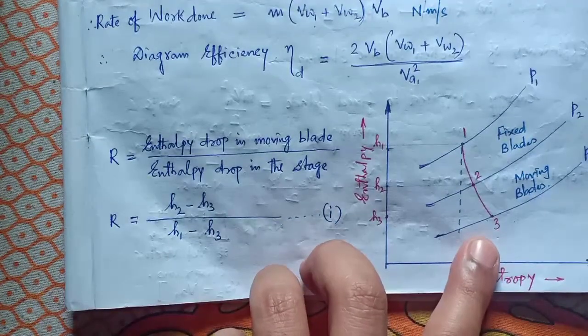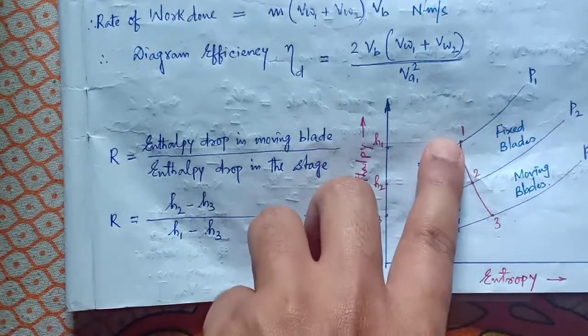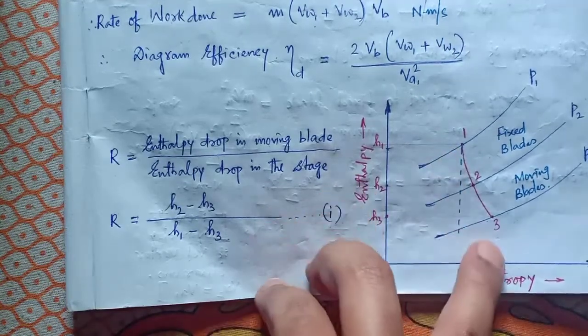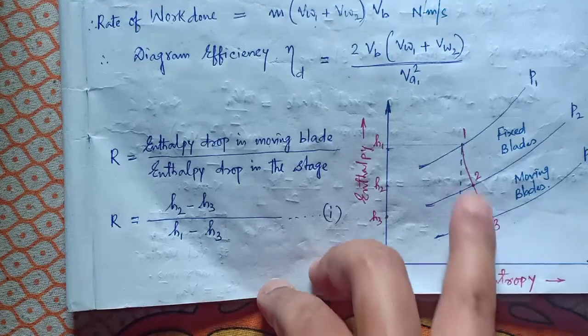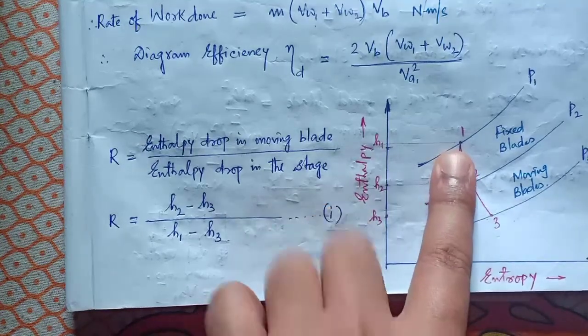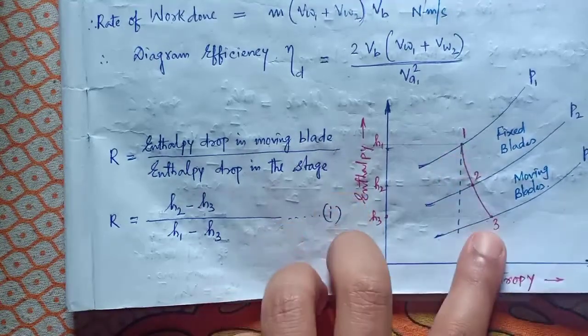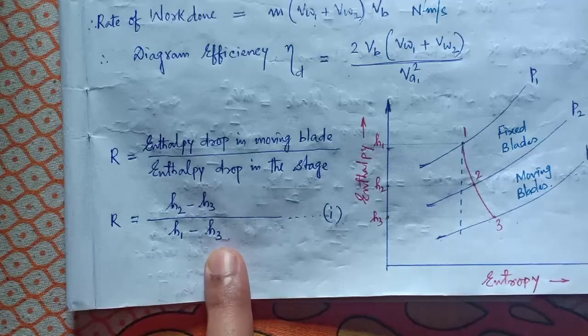The total enthalpy drop in the overall stage, from point 1 to point 3, is throughout the stage. As H1 is maximum and H3 is minimum, H1 is more and H3 is less, so H1 minus H3 is the enthalpy drop in the stage.